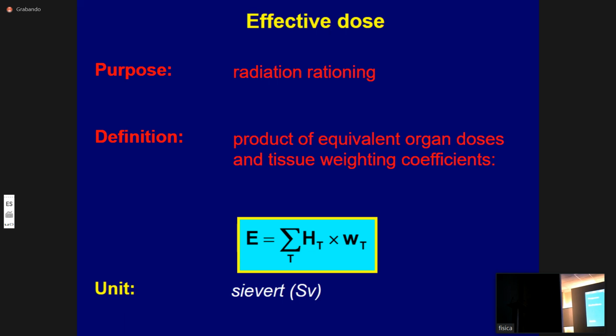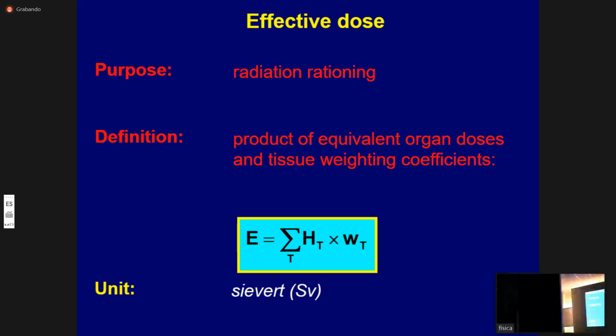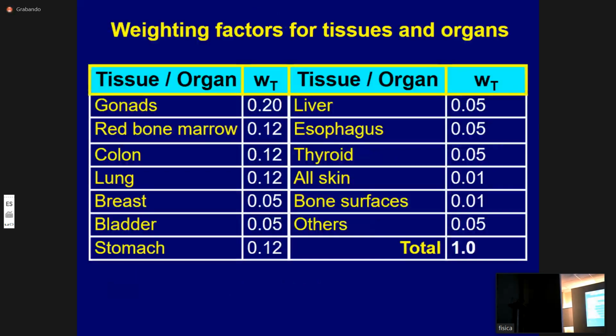The effective dose is defined as a function equal to the sum of the products of the equivalent doses H and coefficients WT corresponding to these organs and tissues. This slide table shows the values of weighting factors for tissues and organs in calculating the effective dose, established again by the ICRP.